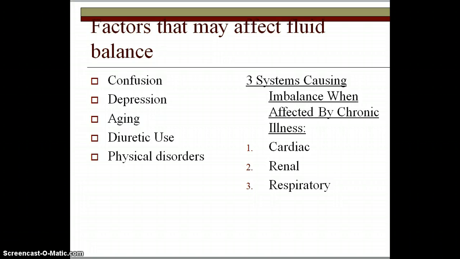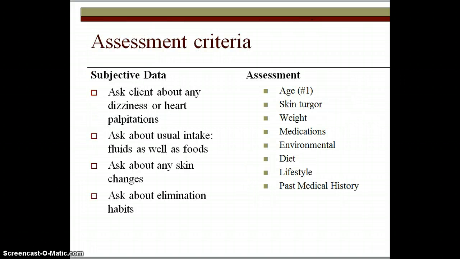And then any of our cardiac problems, because the fluids are allowed to accumulate when we don't have a strong pump pushing that through the body. Cardiac and respiratory work very closely together, and cardiac and renal also work very closely together, because without good blood pressure, we can't send that blood pressure down to the kidneys for them to do their job.